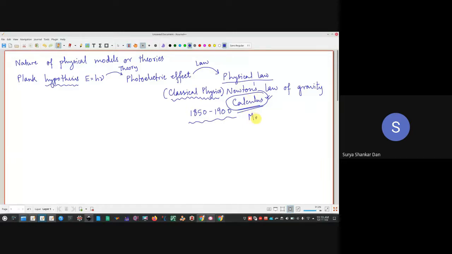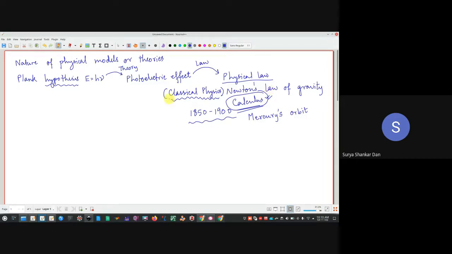Mercury is a planet, the first planet in the solar system, first with respect to the distance from the sun. So Mercury's orbit around the sun had a very small variation from the accurate observation.